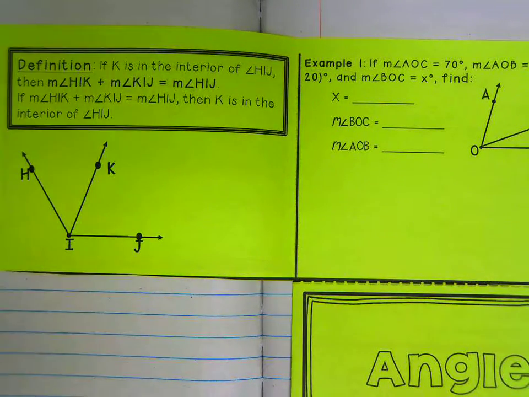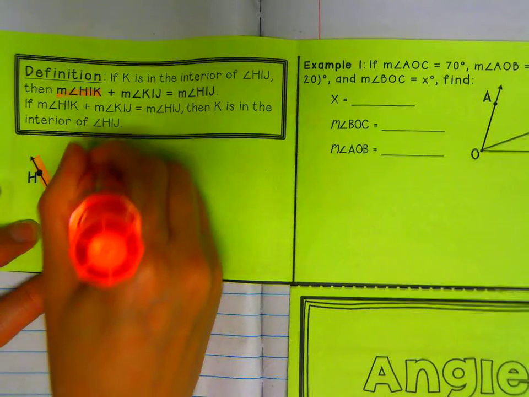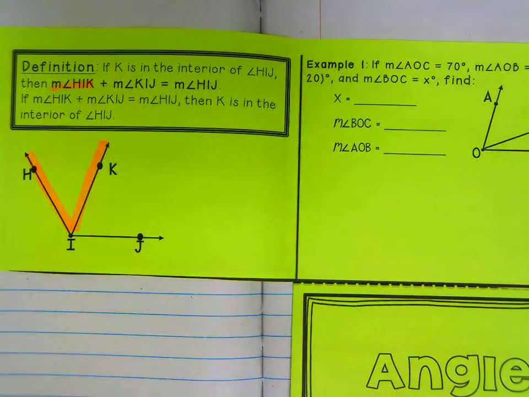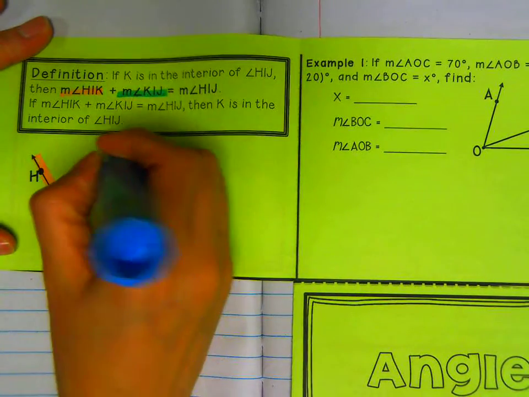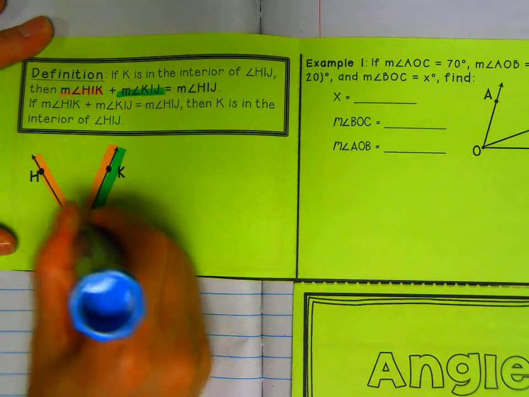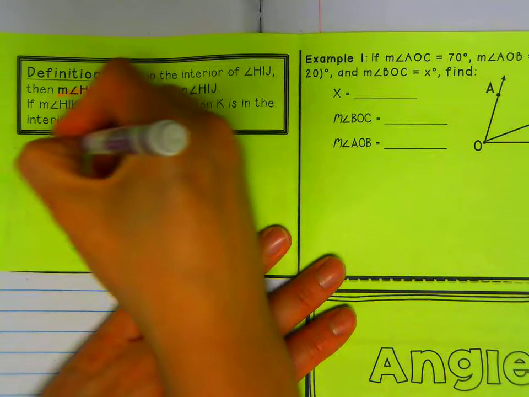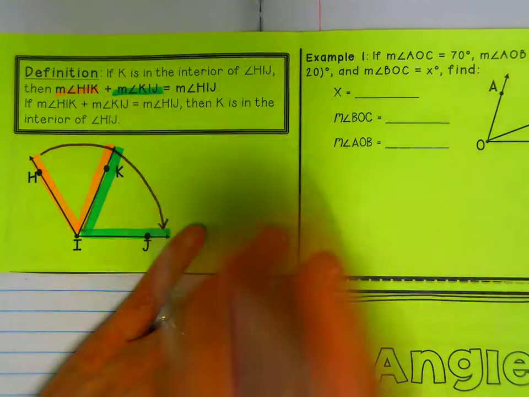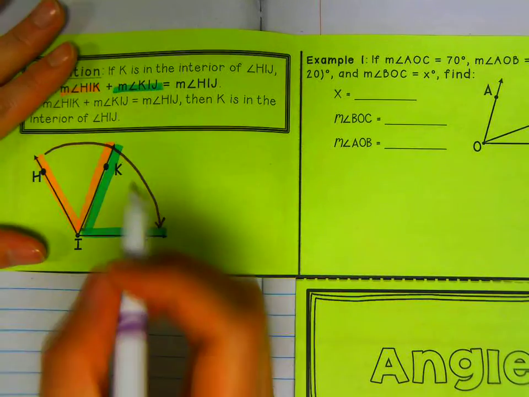The definition is: if K is in the interior of angle HIJ, then the measure of angle HIK plus the measure of angle KIJ, which is the other part of the angle, is equal to the measure of angle HIJ, the whole angle. So we can say it in different ways.